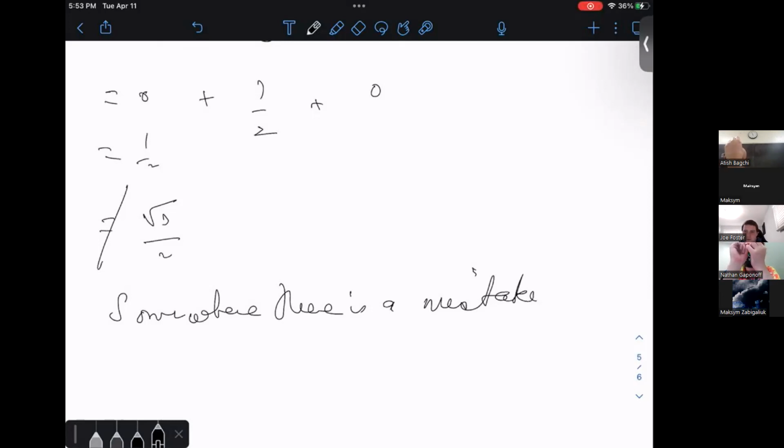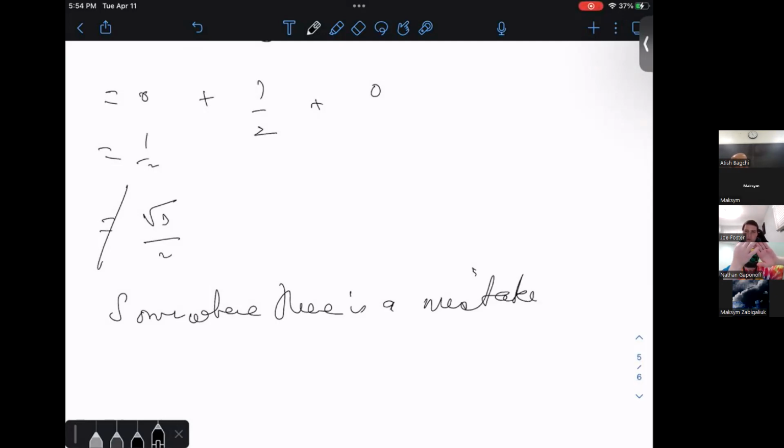Okay, I want to point out that Stokes' theorem is worked out in the case of, let's see. Oh, so the area of the triangle is square root of 3 over 2. The integral is not square root of 3 over 2.